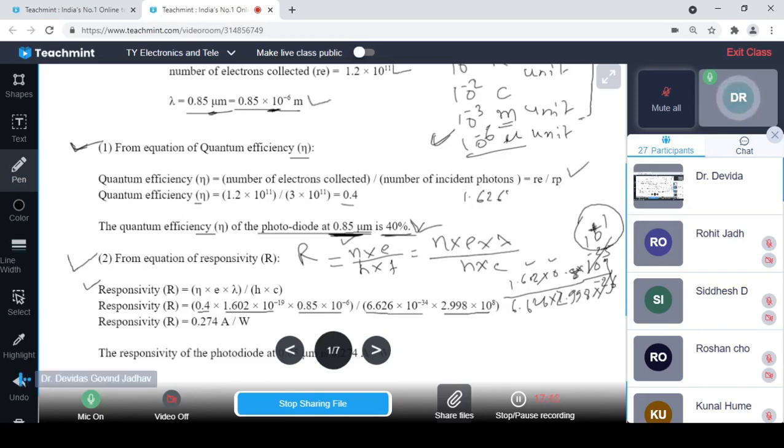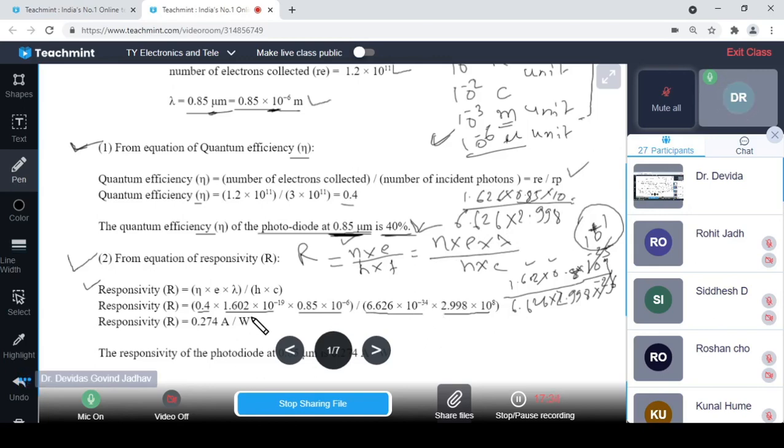1.626 multiplied by 0.85 multiplied by 10 raised to 1, that is 10, divided by 6.626 multiplied by 2.998.